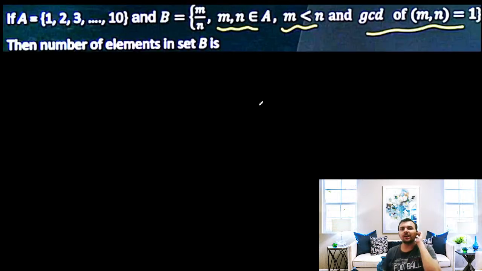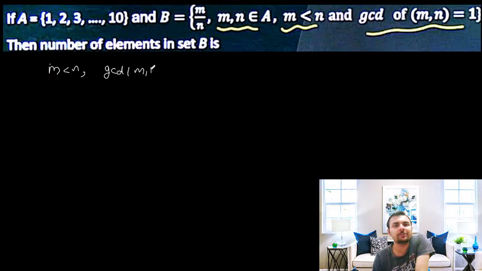Now the number of elements in set B. So what will happen? M and N are such that M is less than N and GCD of M comma N is equal to 1.